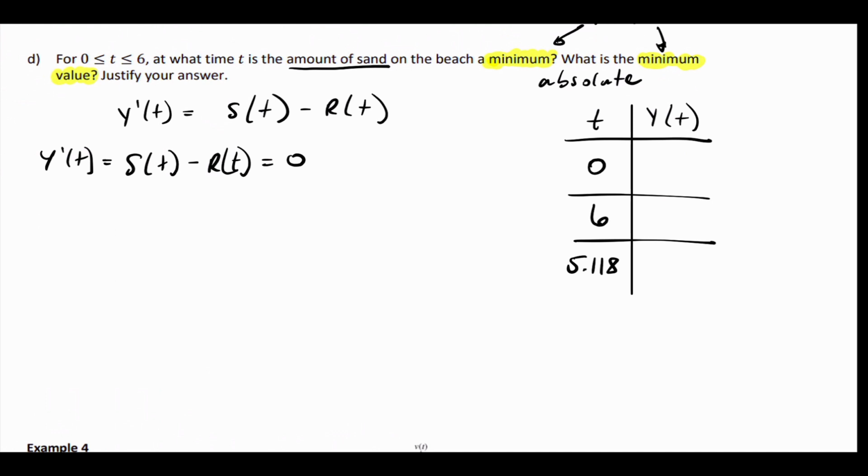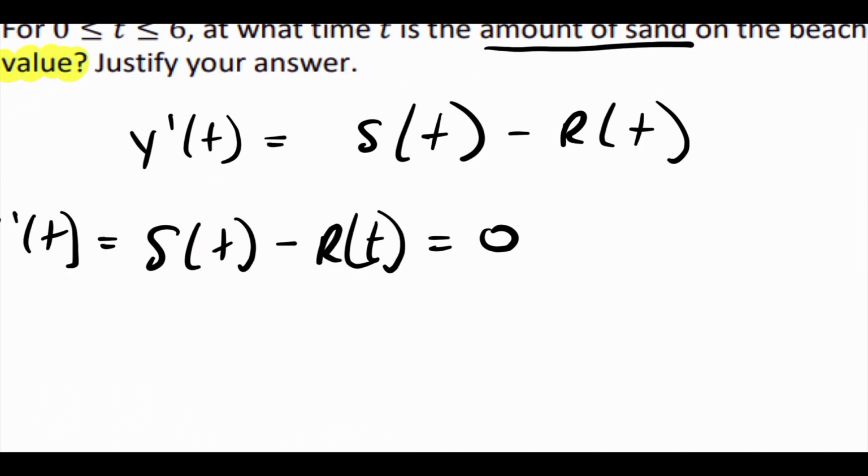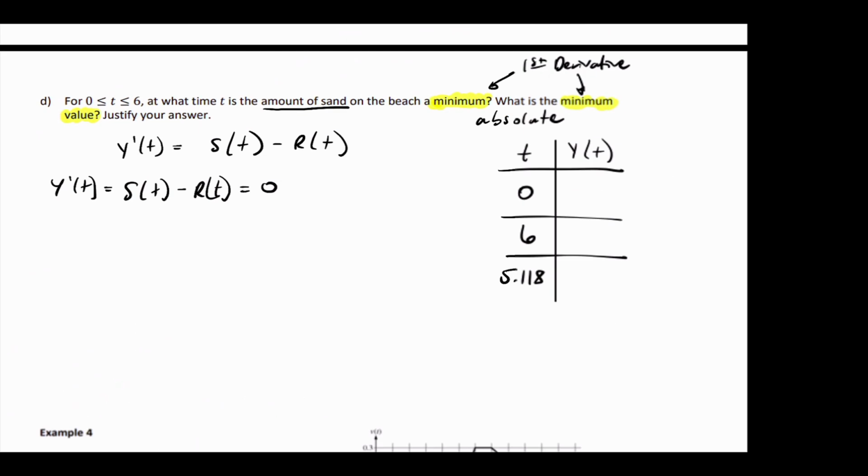Okay. So now, how do we figure out which one was a maximum, which one was a minimum, and which one was neither? Plug them in. Where do we plug them into? The original, not the derivative, the original equation.